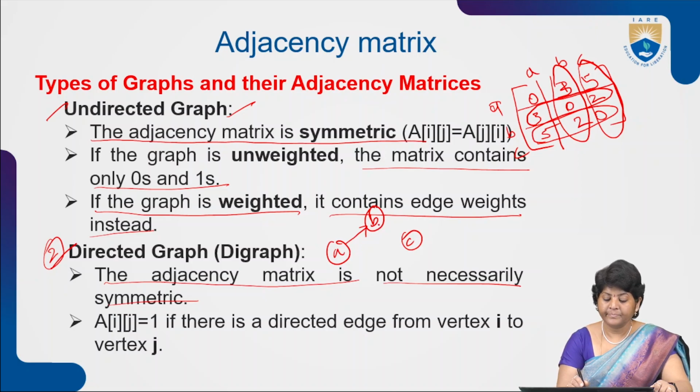A to B, B to C, C to A, and sometimes A to C and C to A are both established, and B to C is established, and C to B is also established.